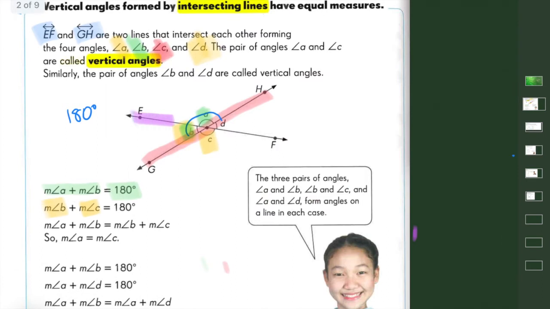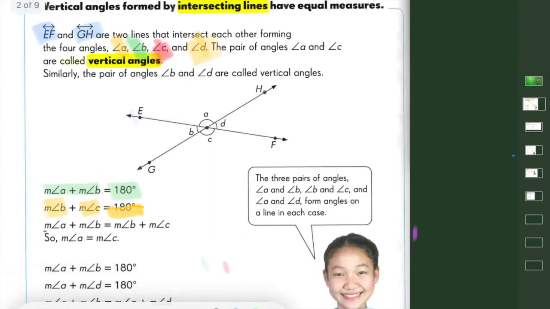B and C are on the straight line of EF, so the measure of B and C, let's pick a thicker marker here, the measure of angles B and C must also be 180 degrees, because those two angles come together to form a straight line.